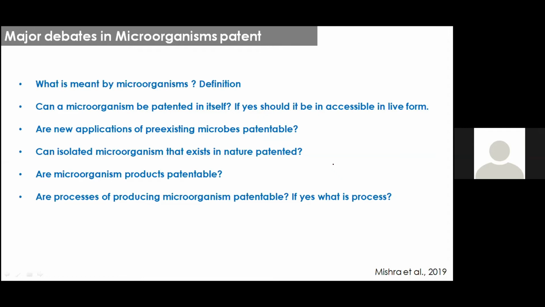And if yes, should it be accessible in life form? Microorganisms can be patented. Several Western countries have provisions for patenting isolated microorganisms. However, India does not allow that unless there is genetic modification in the microbes. And yes, it can be accessible through a culture collection center approved by the international depository authority, that is IDA.